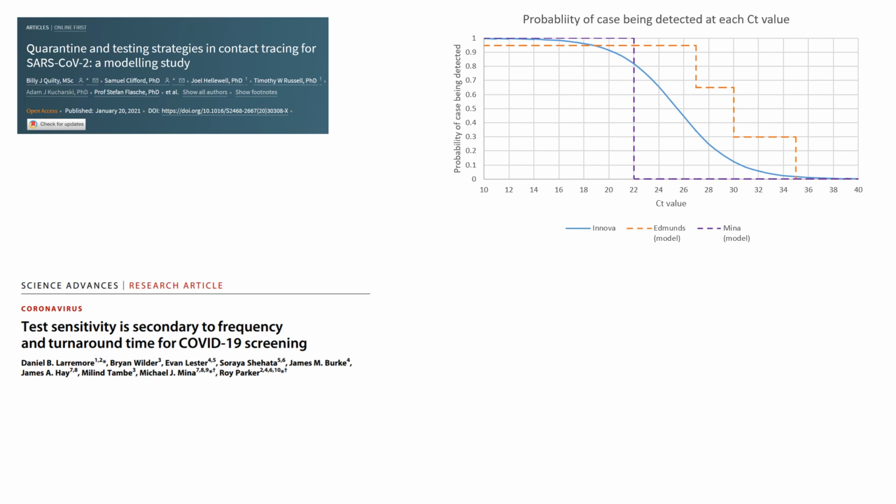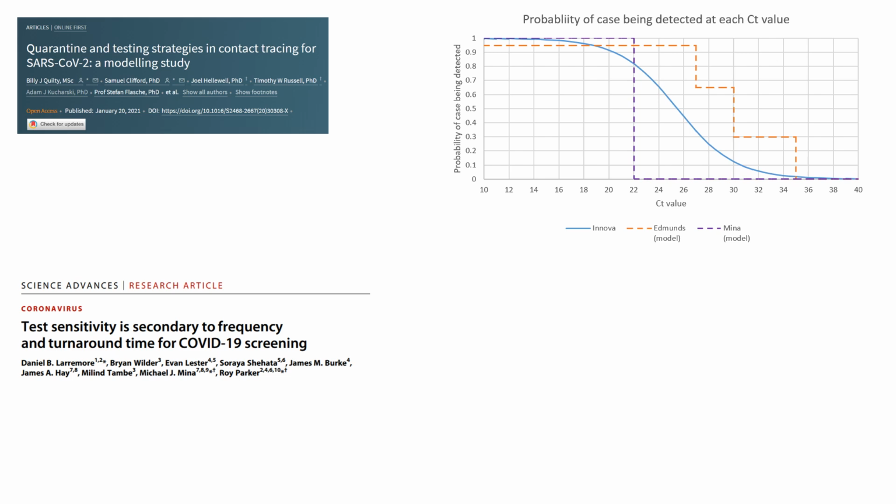Now, the first graph here shows the assumed functions for the sensitivity of the tests in these models. So the blue line is our data from Timpito, and what we can see here is that the red line from the Edmunds group model is overestimating sensitivity, whereas the purple line from Mina's model is perhaps underestimating sensitivity compared to that blue line.